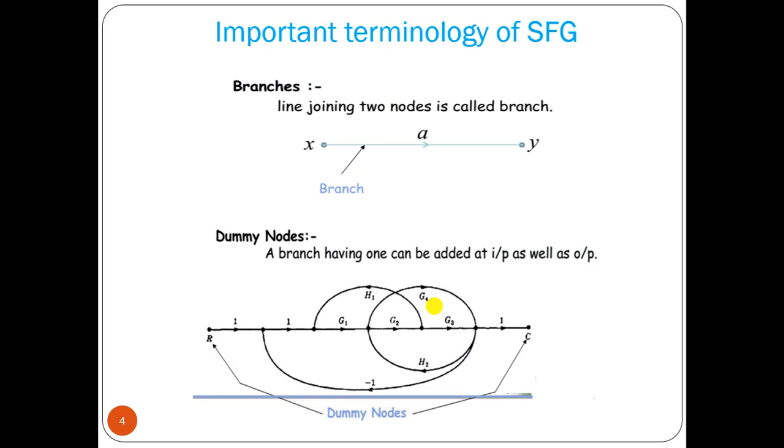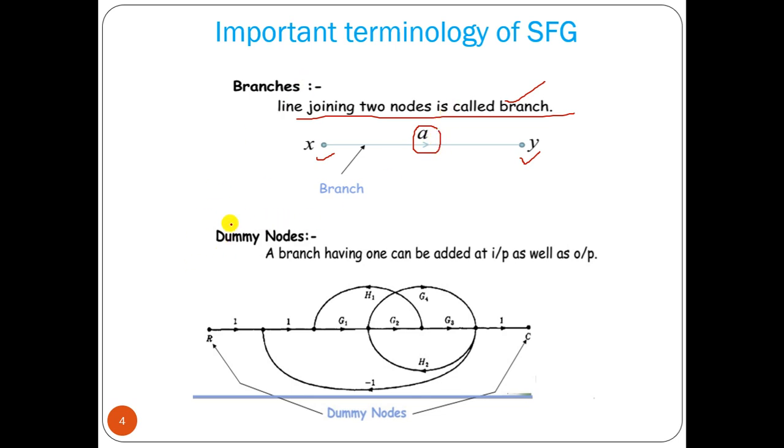That I will show you with an example. Now, the line joining two nodes is called a branch. This is node x, node y, there is a line, and that is called a branch, and this a is the gain of the particular branch.